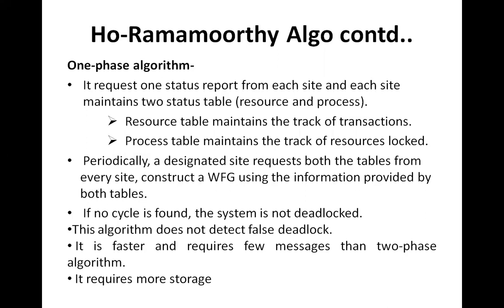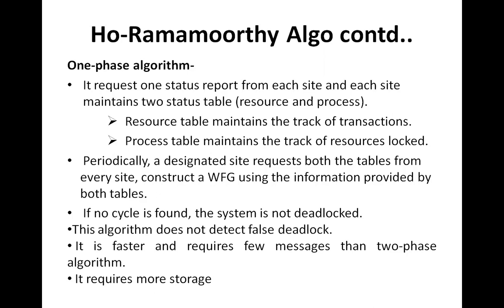And the process table of the site S2 indicates that the process P2 is waiting for the resource R1, represented by an edge from P2 to R1, which is constructed in the WFG of that site. If either of these entries is missing from the resource or the process table, then it is possible that the request message or the release message from site S2 to site S1 is in transit, and P2 to R1 cannot be asserted.